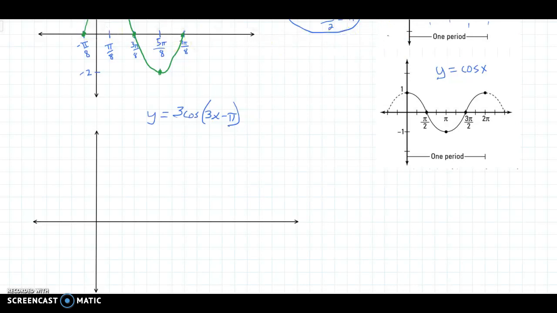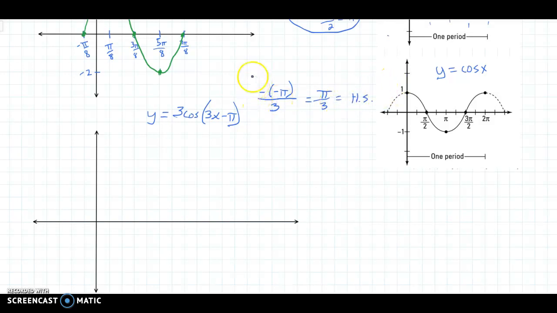So let's do that. Let's do the negative of c. Now notice that your c value is negative, so it's the negative of a negative. And we will divide by b, which is 3. So what I'm finding here is that I'm computing pi over 3 is my horizontal shift, okay?